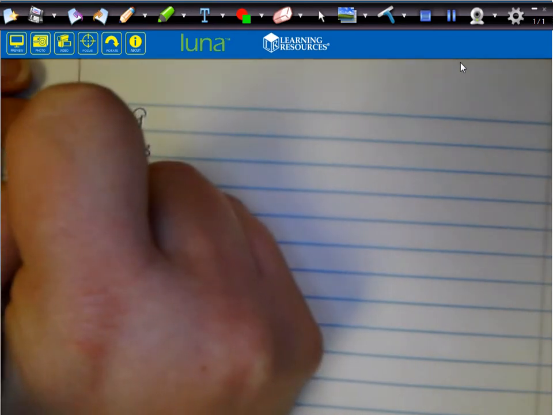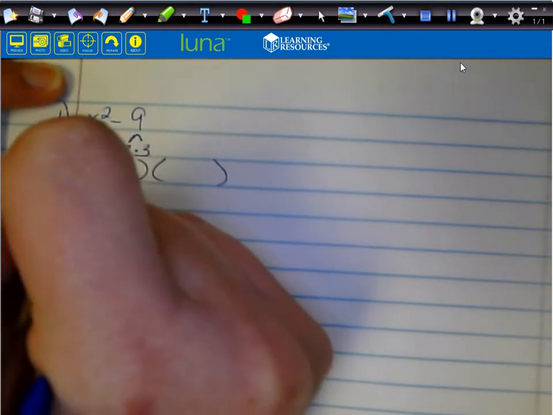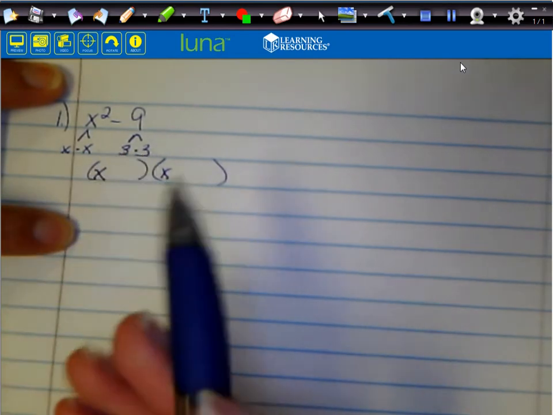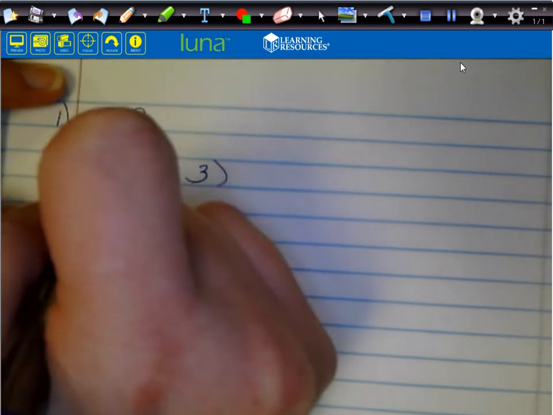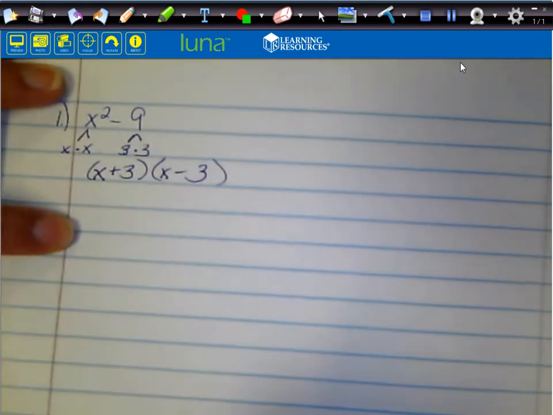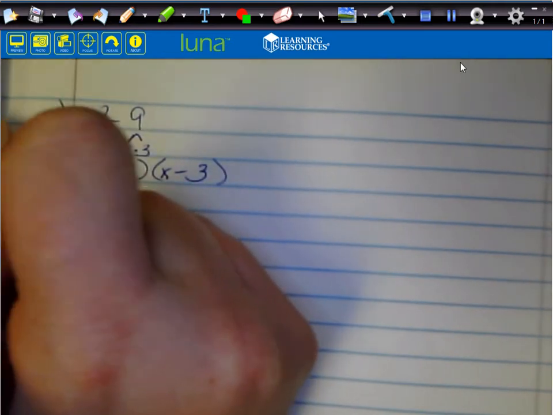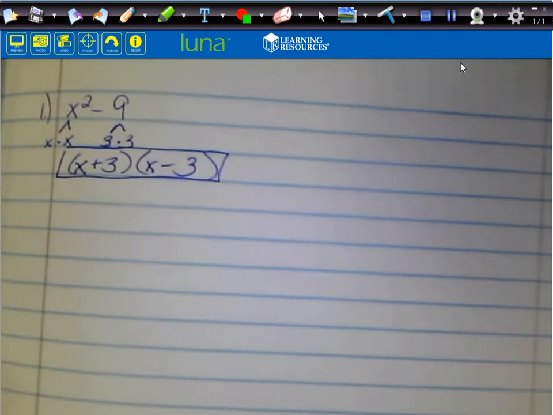Again, my rule says that there's going to be a plus sign in one and a minus sign in the other. So since I have x and x, those are going to be my first term here and my first term here. 3 is my second term, so it's going to be my second term here and my second term here. And the rule says a plus in one and a minus in the other. So I just factored x squared minus 9 into x plus 3 and x minus 3.